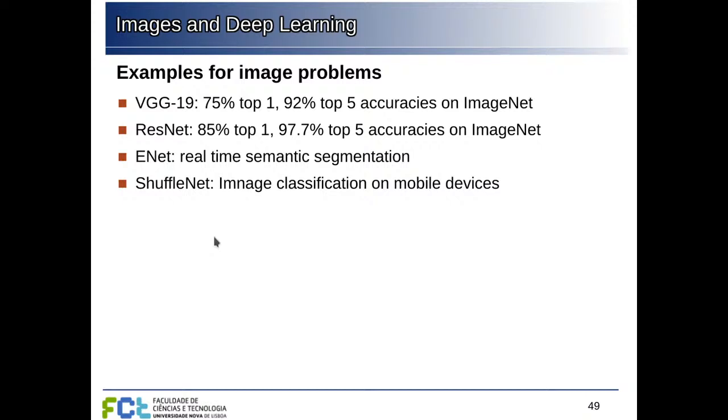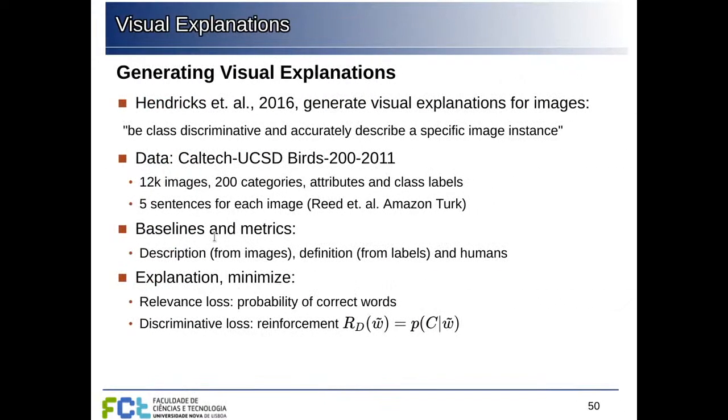So if someone already trained the network, you can download the network with all the weights and just use it yourself. So this is an example from this paper of 2016 that generates visual explanations for classifying images of birds.